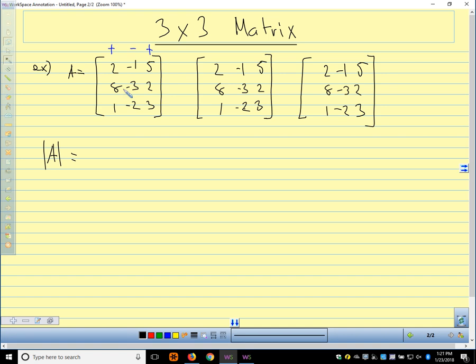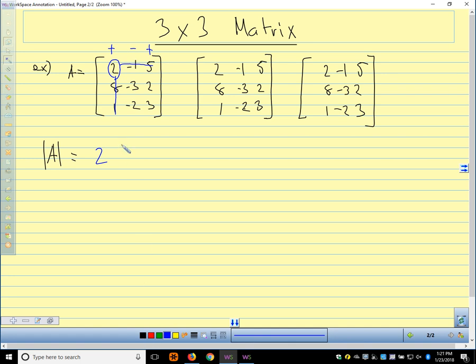All right, so what I'm going to do is the first step. I'm going to take this number 2 with the plus sign. So this is plus, whatever that is. And then I'm going to cross out this row and that column. First row, first column.